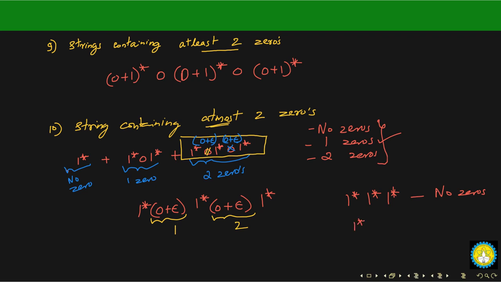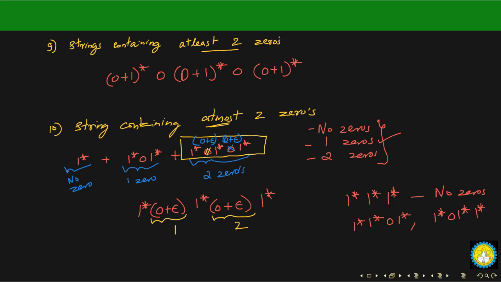If in location 1 I represent that 0, it is going to be 1 star, 0, and 1 star, 1 star. This is one way. Similarly, this one: 1 star, 1 star, 0, 1 star. This also represents the strings which contain just one 0.